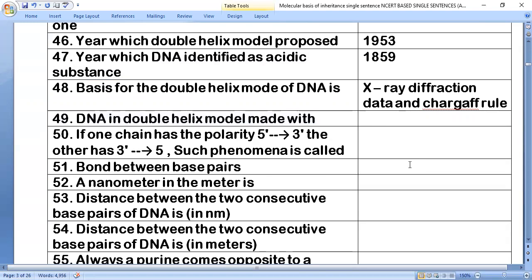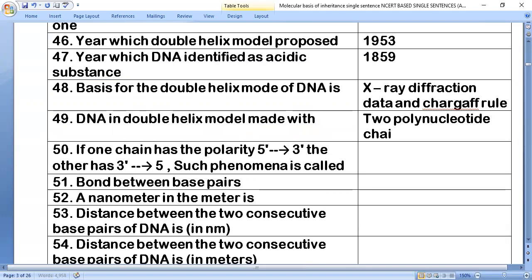DNA in the double helix model is made with two polynucleotide chains. If one chain has a polarity of 5' to 3', the other has 3' to 5'. Such a phenomenon is called anti-parallel polarity. Bond between base pairs: hydrogen bond.